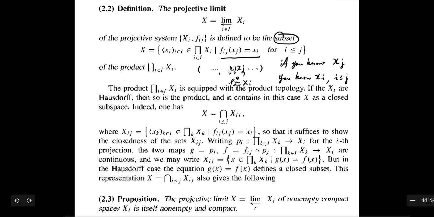Okay, it's clear. More generally, you know what the elements before it are.